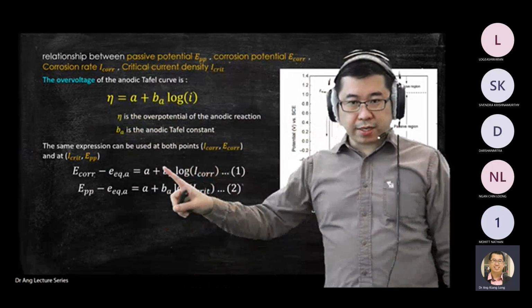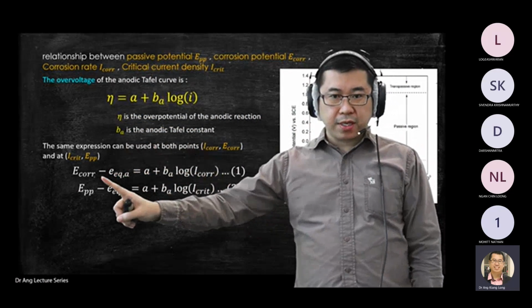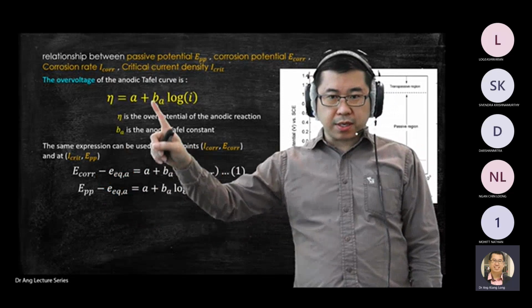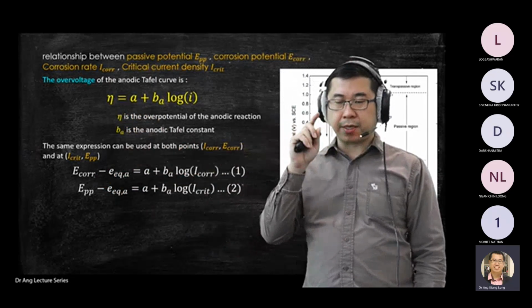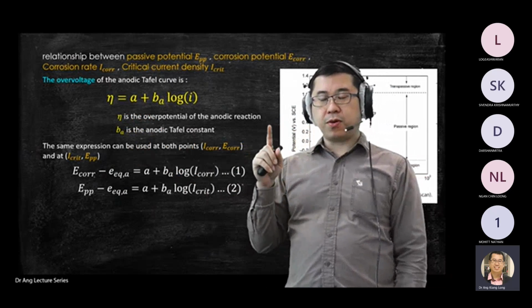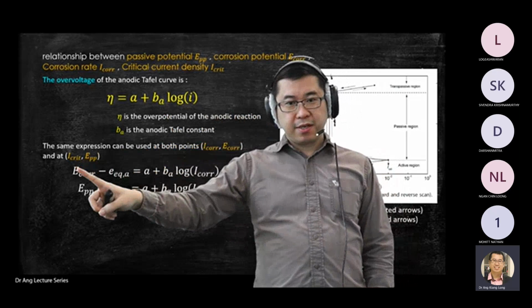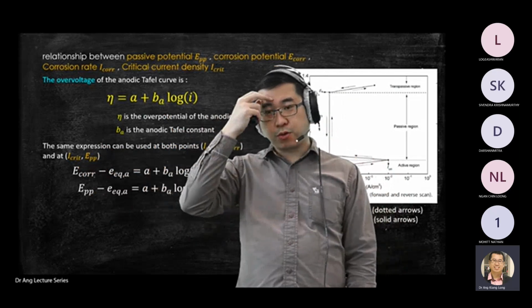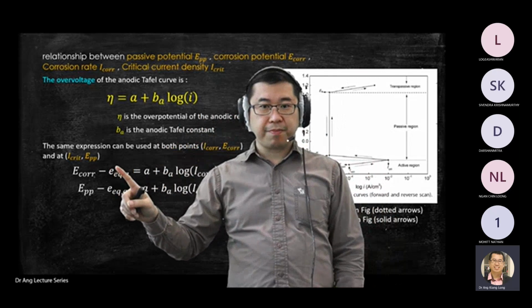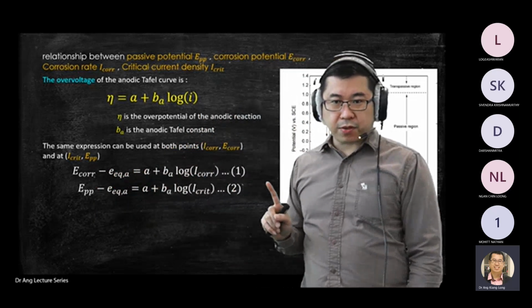So that's why the first equation here combines the first point, E corrosion. I mean the Tafel overpotential here, before this we saw a graph called IR, where you take the potential minus the corrosion potential, the standard potential, right? So you get the first equation.